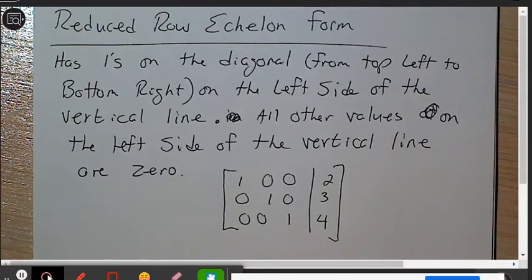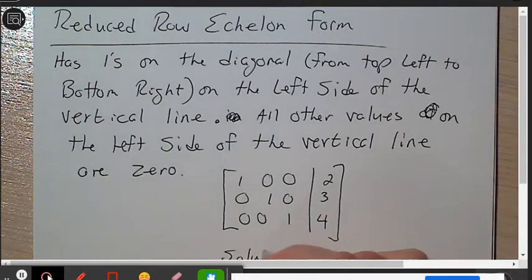The whole point of reduced row echelon form is that if you can have a matrix rewritten so that it looks something like this, it makes it really simple. This is your z variable, so z would equal 4. This would tell you that y is equal to 3 and x would equal 2. So if they ask you for something like this, your solution would just be 2, 3, 4.